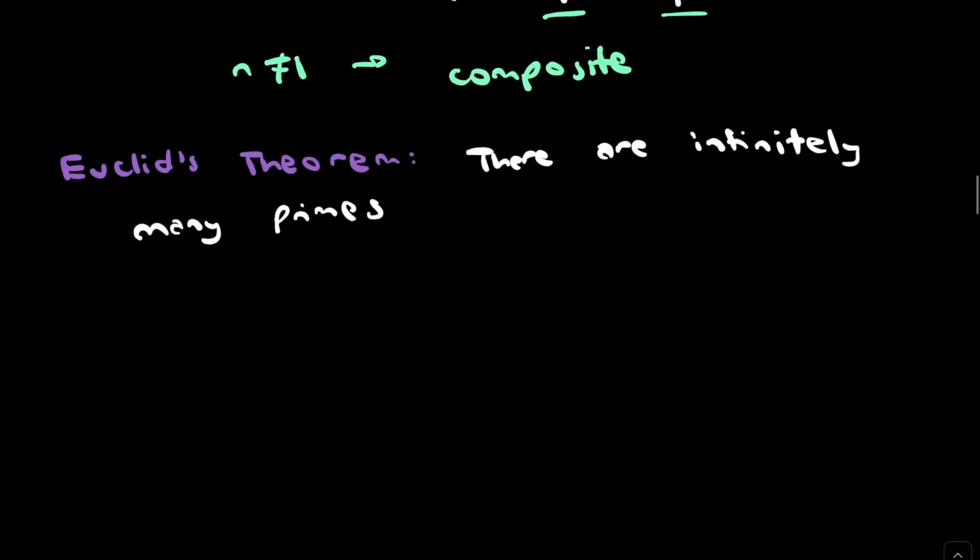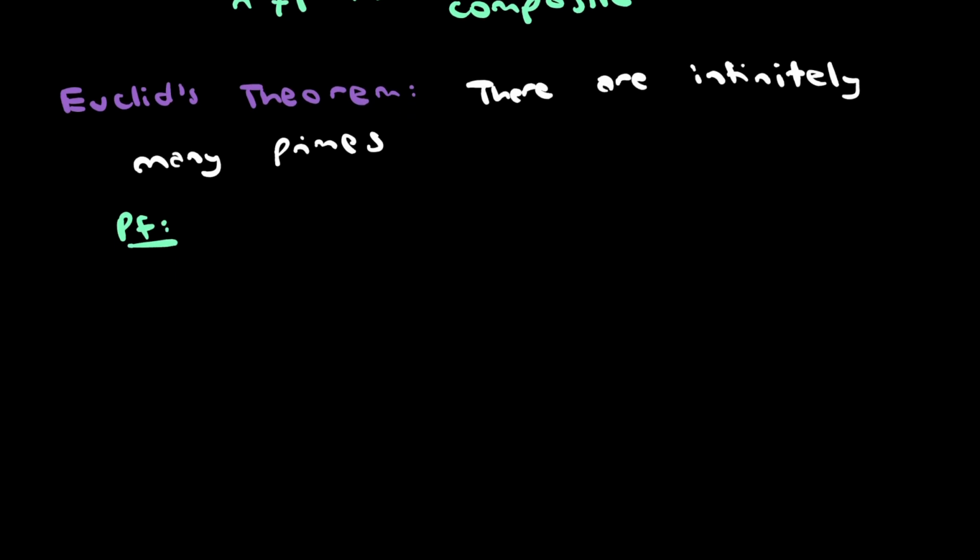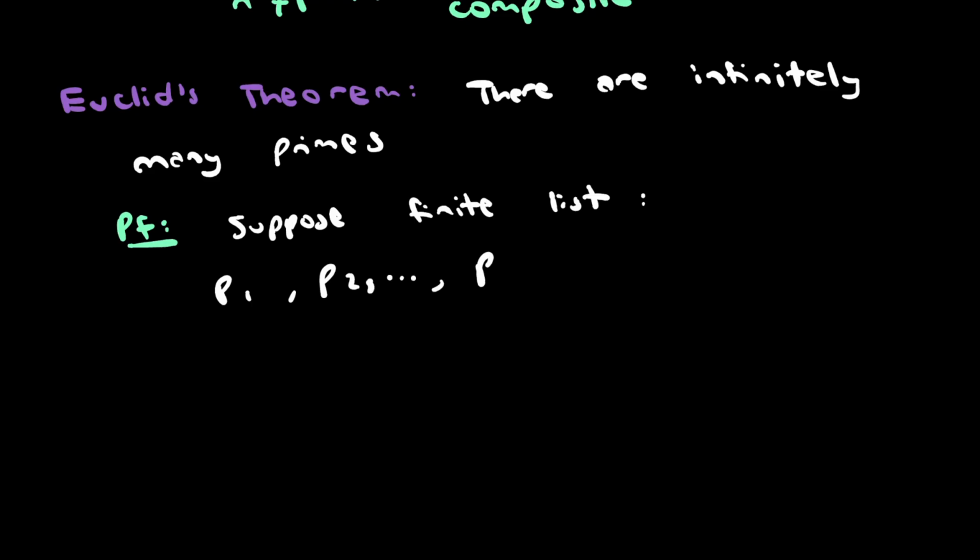But yeah, moving on. Now we're going to be looking at Euclid's theorem, which is basically saying there are infinitely many primes. And the proof for this is a pretty beautiful contradiction. Suppose there were only finitely many primes, right? So for the sake of contradiction, we can write this as P1, P2, and then all the way to Pn, right?